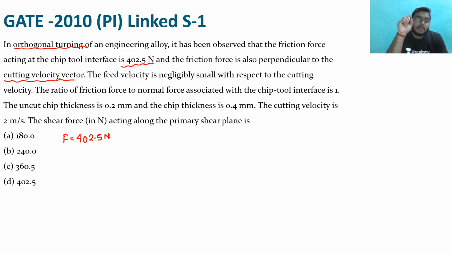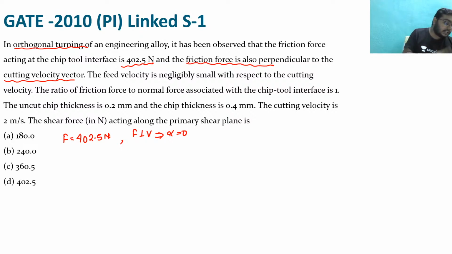If you remember what I told you in earlier classes, if the friction force is perpendicular to the cutting velocity, that simply means alpha is going to be 0. Kindly check the special cases that I have mentioned. In that case, alpha is 0, that is, the rake angle is 0.